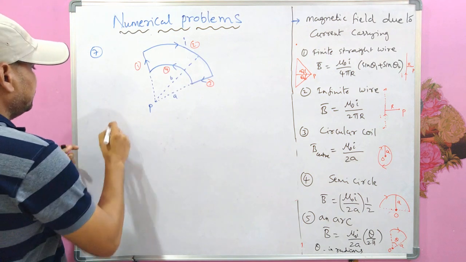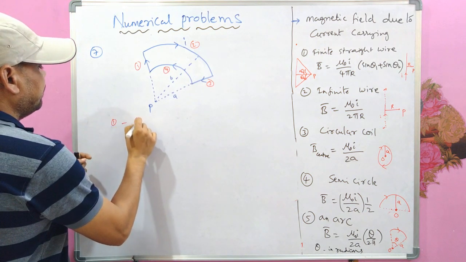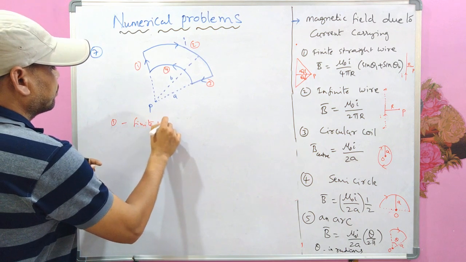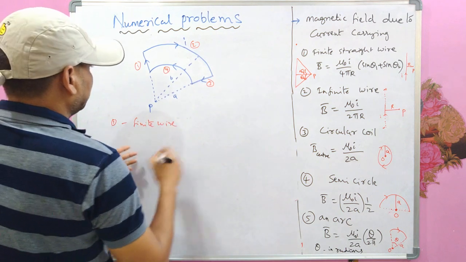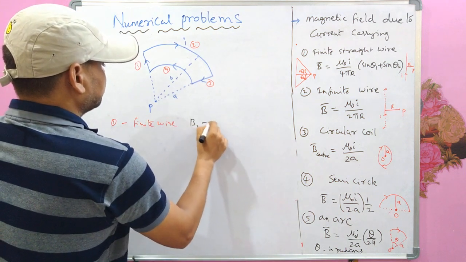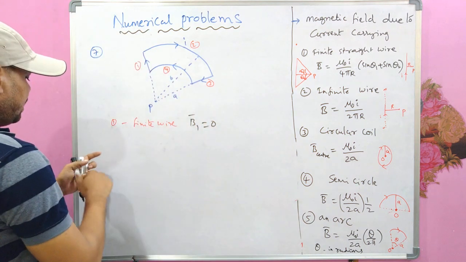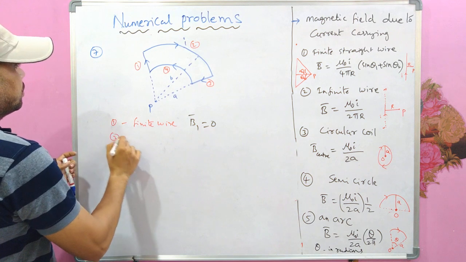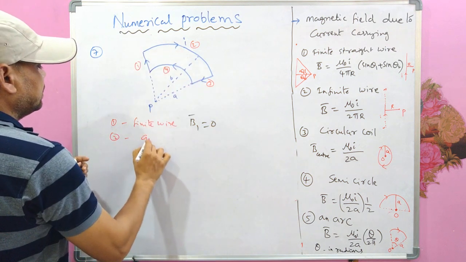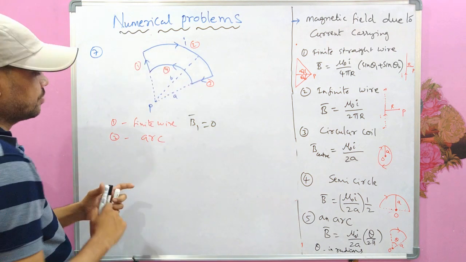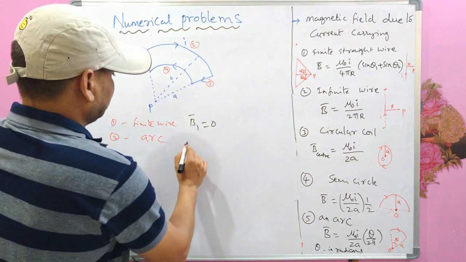Okay, so the first one is what? It is a finite wire, and hence B1 will be 0 because the point P is on its line. And number 2 is an arc, and what is the formula for this?